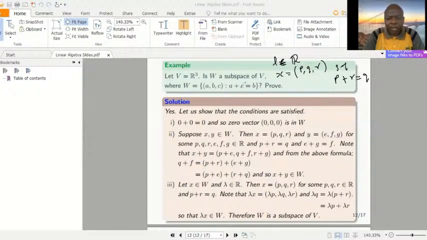The sum of the first and the third is the second. Now I want to find lambda times X and see whether it will be in W. So lambda times X would be lambda times P, Q, R, which would be lambda P, lambda Q, lambda R.